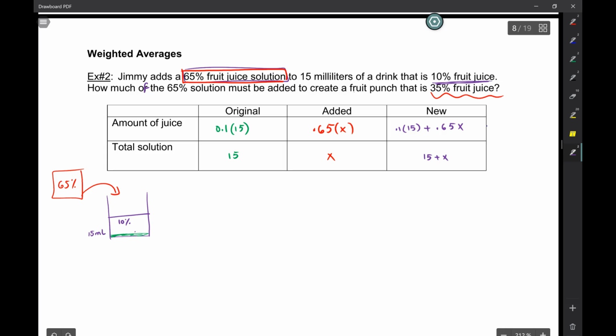So the amount of juice over the total solution is going to be 35 over 100, or 0.35, it's up to you. We can do 0.35 equals 0.1 times 15 plus 0.65x over 15 plus x. So that's how much actual juice over the total amount of drink.